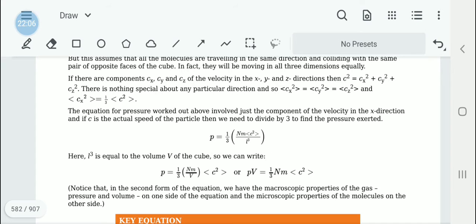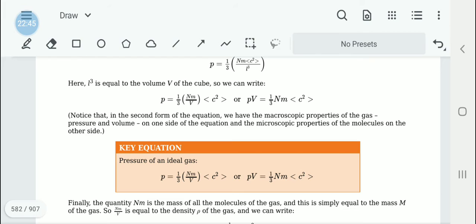L cube is the volume of the cube, because length into breadth into height is volume, and all are L, therefore L cube is the volume. Then we can take P equals 1 upon 3 nm, instead of L cube we put V, into the average of c squared. Turning it the other way around, PV equals 1 upon 3 nm c squared, right? So that is the final equation that we arrive at.